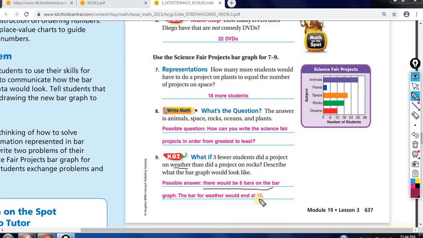Okay, so you have to look at rocks. Rocks falls at 18, and 3 fewer than rocks, so subtract 3 from 18. That would give you 15. Okay. But this is the key right here. You would have to add another one because you have to add weather. Weather's not here.